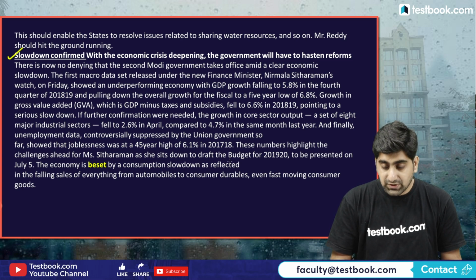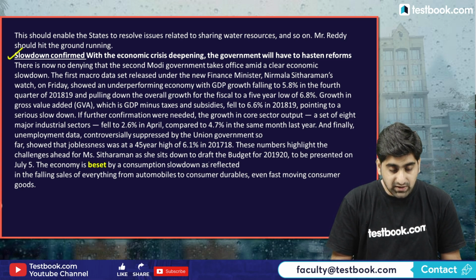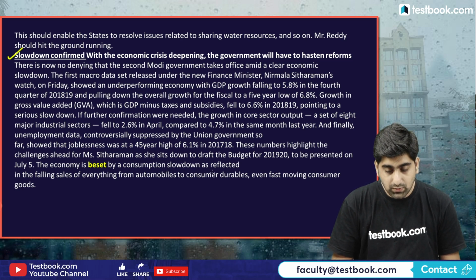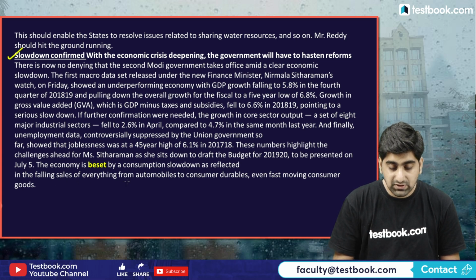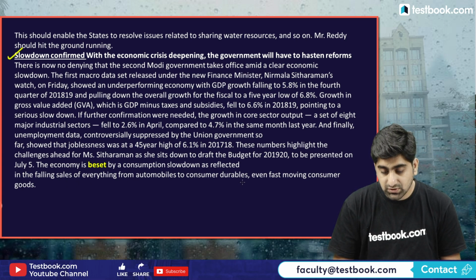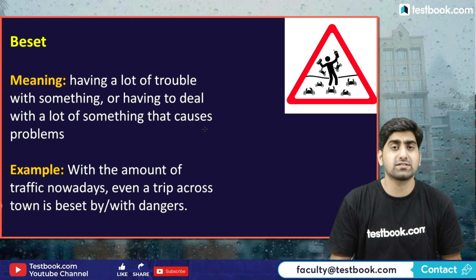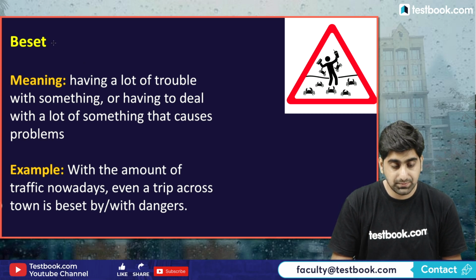To be presented on July 5, the economy is beset by the consumption slowdown as reflected in failing sales of everything from automobiles to consumer durables, even fast-moving consumer goods. So let's discuss the highlighted word beset.